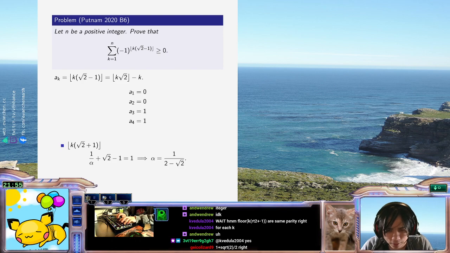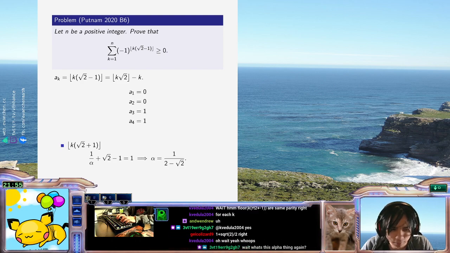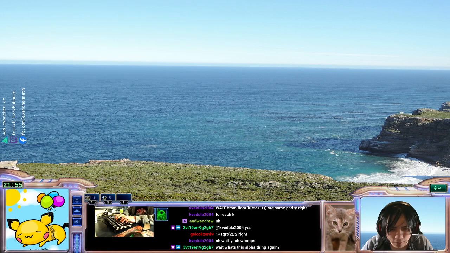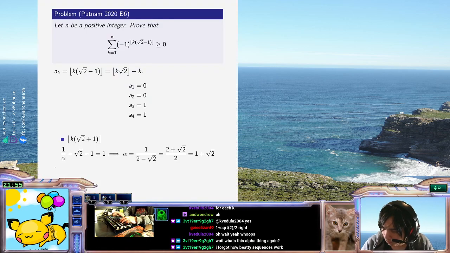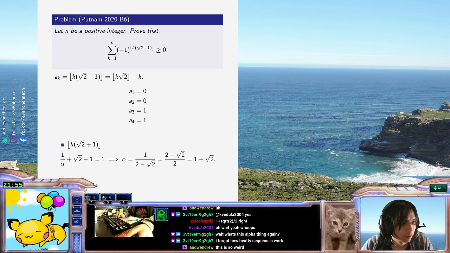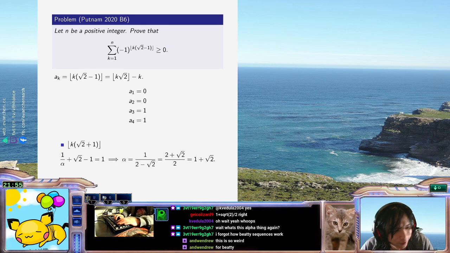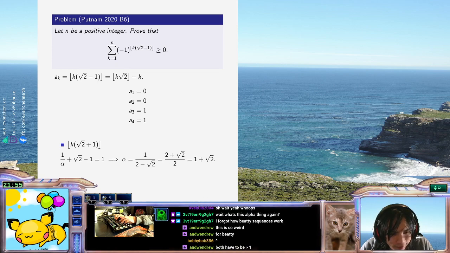Wait, what? No. That's not correct. I am a very capable budding mathematician. What is alpha? Can someone help?